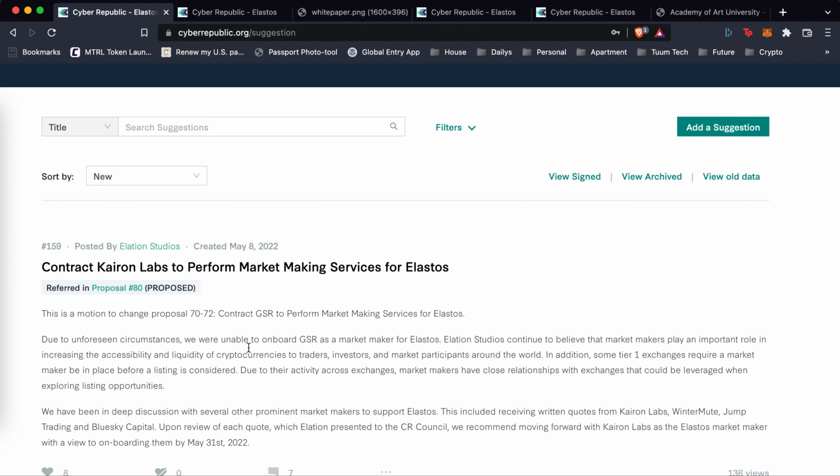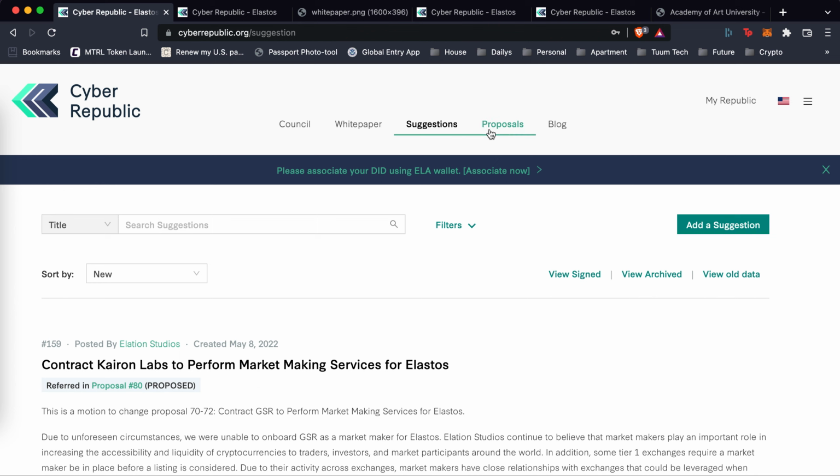And so now let's turn our page to talk about how a suggestion may finally turn into a proposal and how it goes through the different processes as part of the Cyber Republic consensus mechanism. A proposal needs to go through the various processes of the Cyber Republic consensus.